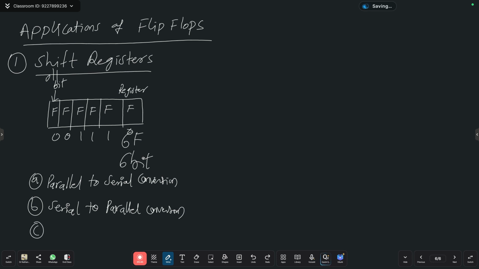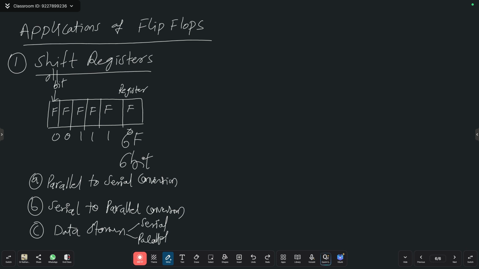Third one, data storage, either serial or parallel. So there are three possibilities: parallel to serial and serial to parallel for data transmission, and the last one is the storing of the data. So this is an application for the flip-flop.